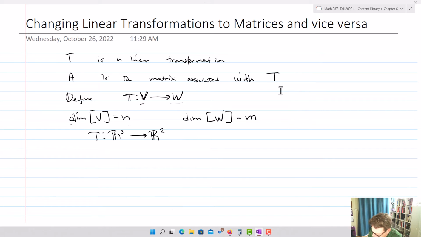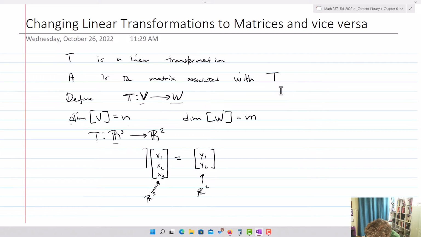Consequently, my inputs for the matrix I'm going to create for the linear transformation are x1, x2, x3. It's going to be three-dimensional, and my output is going to be y1, y2, so it's going to be in R2. So I'm going to multiply by R3 vectors, and I'm going to output R2 vectors.